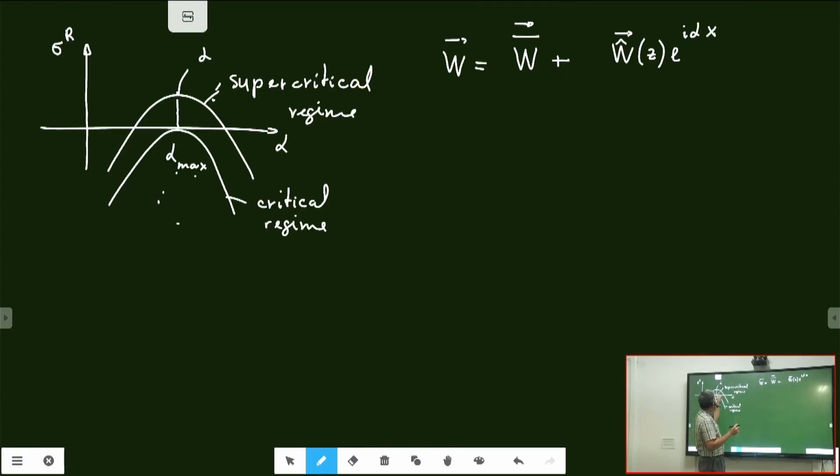So I'll take this alpha max and call it alpha, just because I'm lazy. I don't want to write max, max, max everywhere. But that's what we mean. So make a note in your notes that we are using this maximum amplification rate.